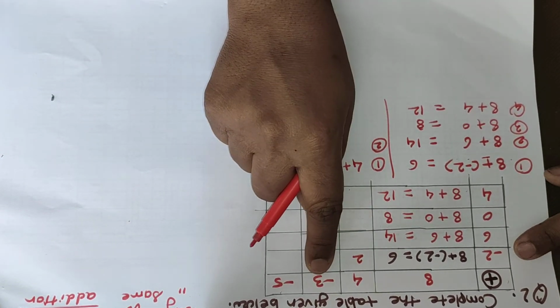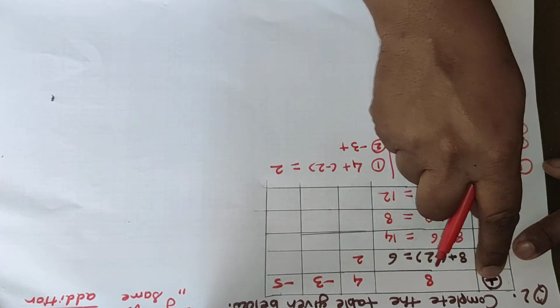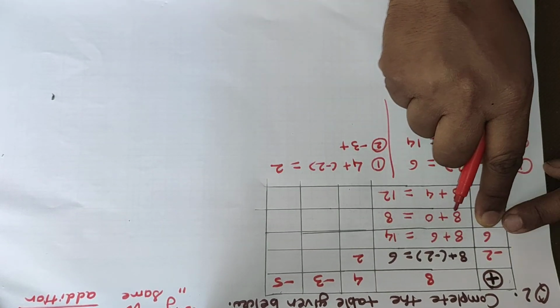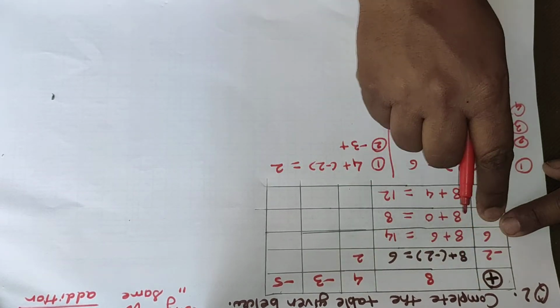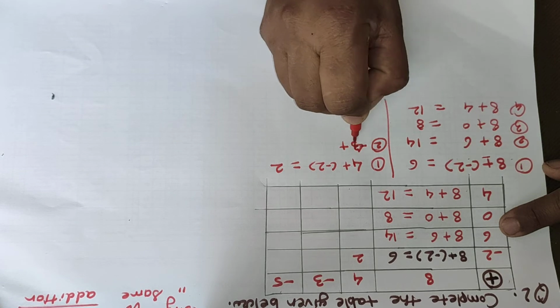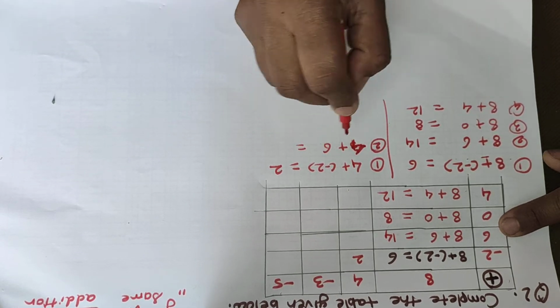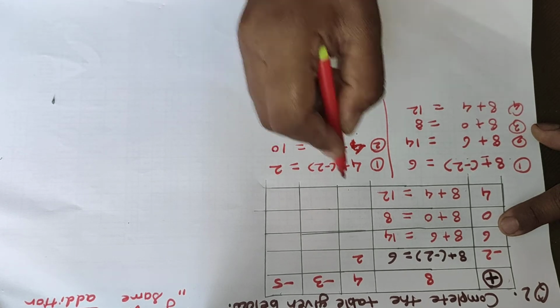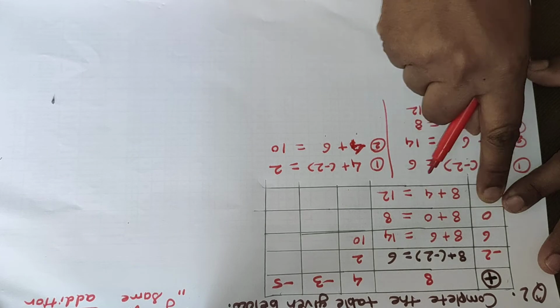Now next example, minus 3 plus... otherwise 4 only we will solve. 4 plus 6. So here write 4 plus 6. Both signs are positive. So 4 plus 6 is equal to 10. Next, 4 plus 0.